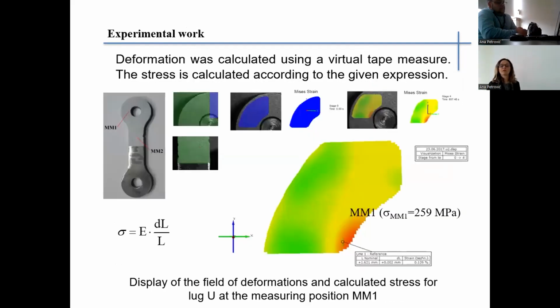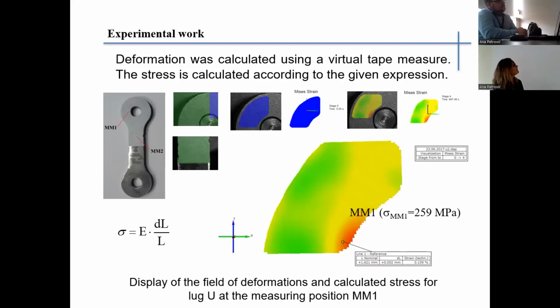The deformation was calculated using a virtual tape measure. The stress is calculated according to the given expression for stress. Here are the display of the field of deformation and the calculated stress for lug U at measuring position MM1.